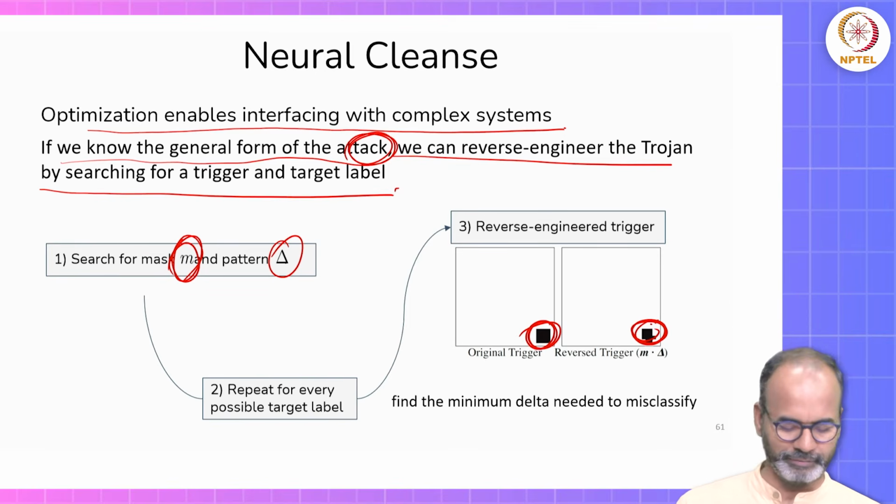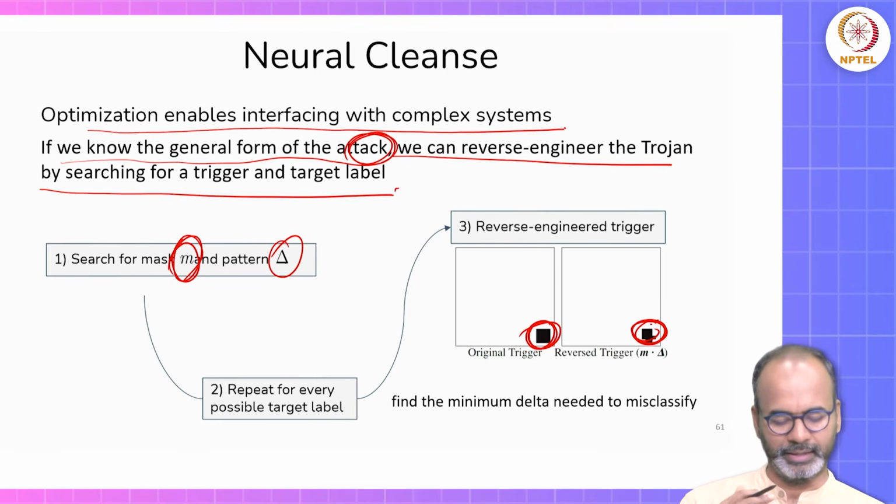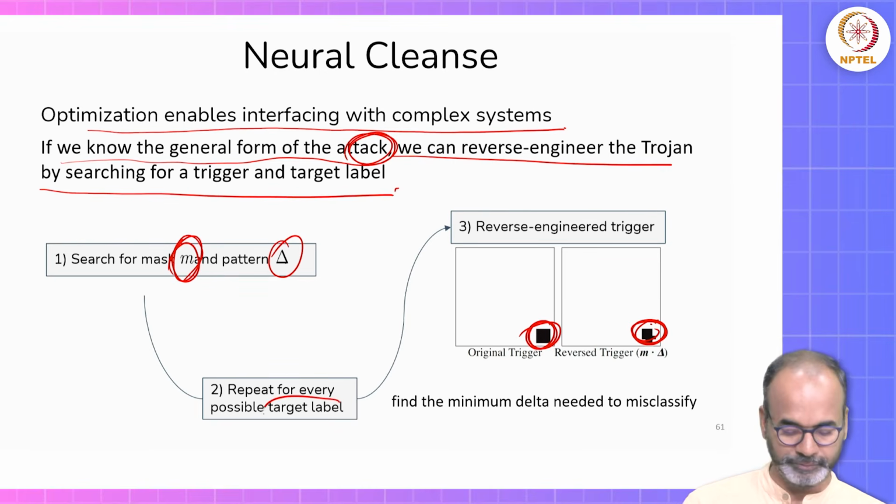And you do this for every possible target label, which in our case in the data set that I showed you with numbers, 0 to 9 are the target labels. You do it for every target label, and if you look for a particular mask, you'll be able to actually find out which part of the image has this mask and which part of the image has this pattern, for which target label.